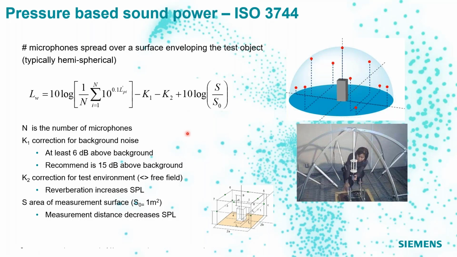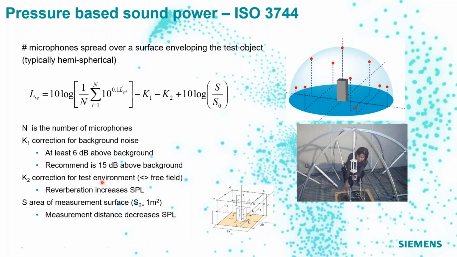For K2, that's our correction for the environment. When we turn on our noise source and it has reverberation or kind of echoes in the chamber, we can take that out as well. So that would be, we satisfy K1, we're in an anechoic chamber, but maybe our anechoic chamber doesn't have the absorption we need at specific frequencies and it actually has a little bit of reverberation.